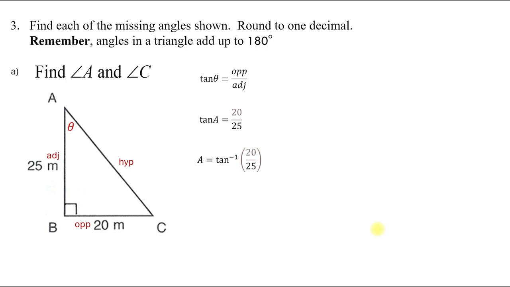And when we put that into our calculator, we'll come up with an angle for A of 38.7 degrees. Now, if angle A is 38.7 and angle B is 90 degrees, then we can calculate angle C by subtracting 90 plus 38.7 from 180, which gives us a value of 51.3 degrees for angle C.